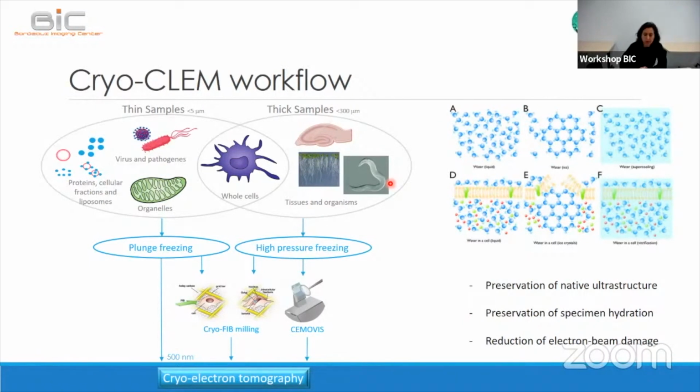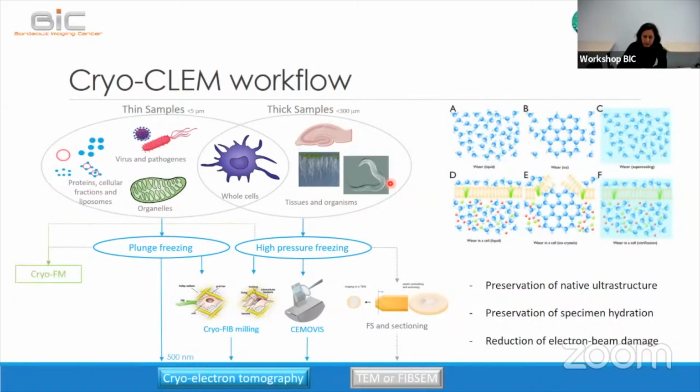So you slice sections that are vitrified already, recover these sections, and observe them by electron tomography. Of course, you can go for room temperature preparation, where you do freeze substitution, use resins, and then observe regularly by TEM or FIB-SEM, as we said before.